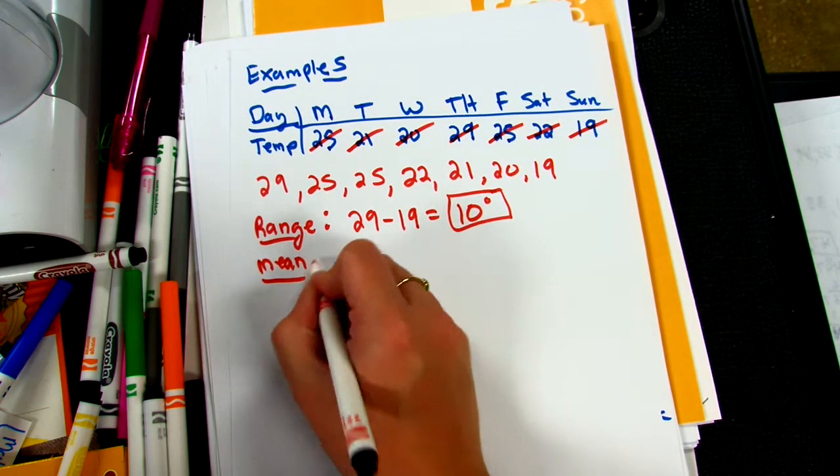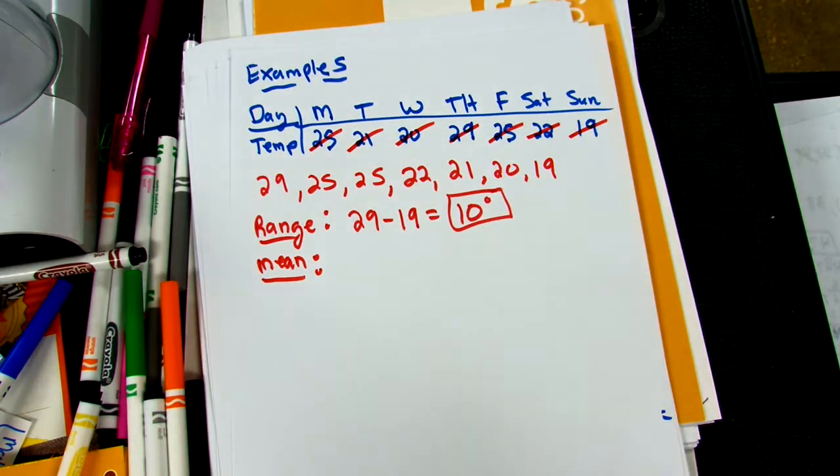Okay, so for our mean, we're going to add those all up and then divide by 7 because there are 7 numbers, because there's 7 days of the week.